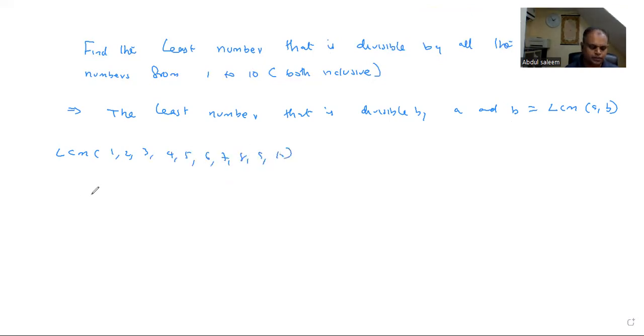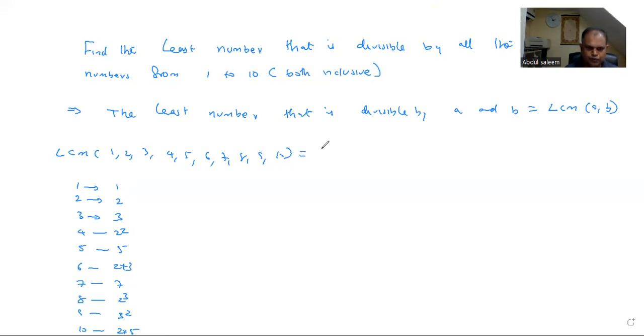The factor of 1 is 1 itself, 2 is 2, 3 is 3, 4 becomes 2 square, 5 is 5 only, 6 is 2 into 3, 7 is 7 only, 8 is 2 cube, 9 equals 3 square, and 10 equals 2 into 5. Clear, right? So what is the LCM of these numbers?